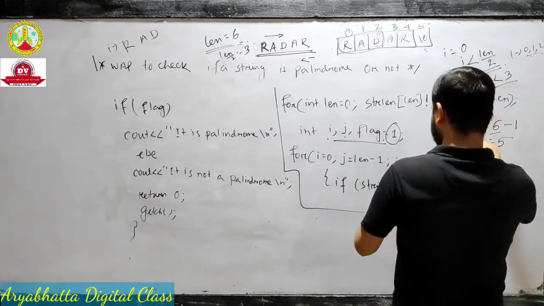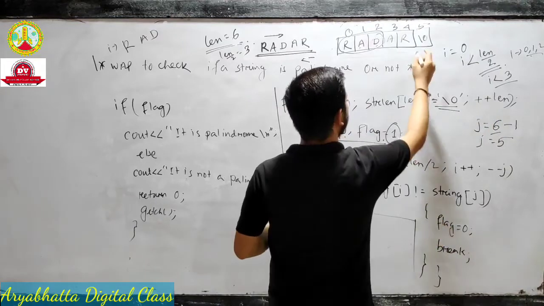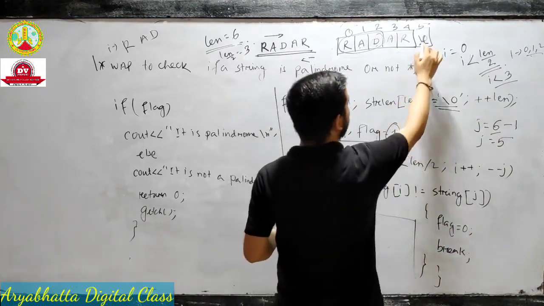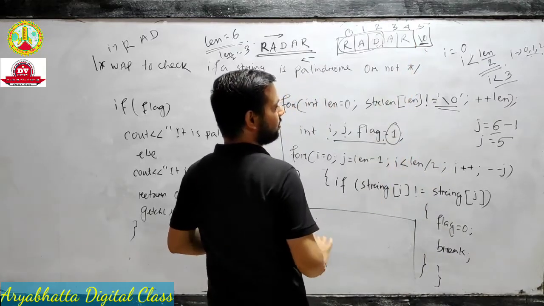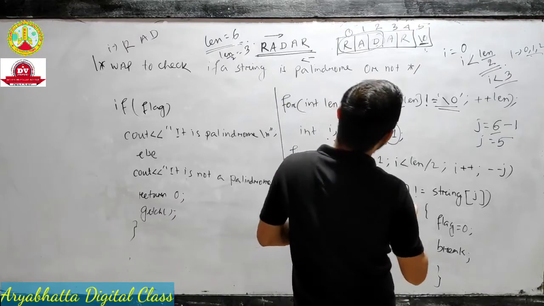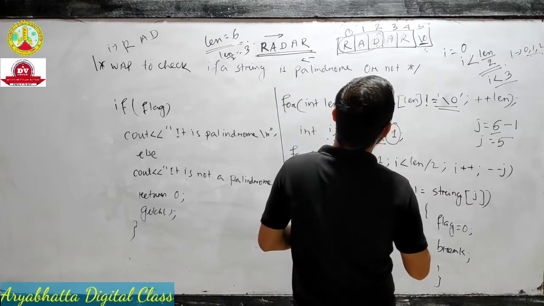j is equal to len minus 1 means 5. 5 means it is starting from this portion actually. Backslash 0 is not counted, this is not a character. It is the definition of a string: the last is always occupied by backslash 0.